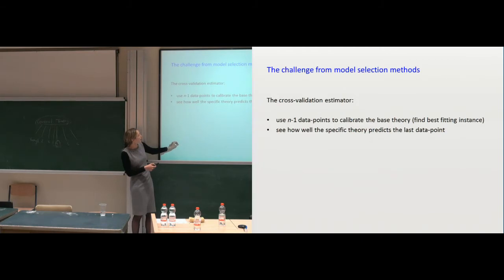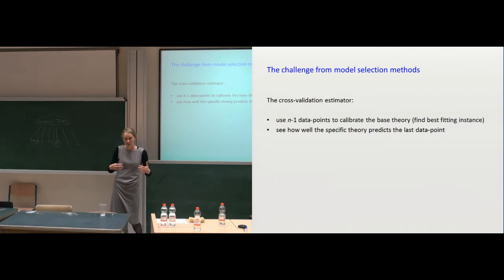Here's an example of an estimator, which is the one that I think best respects this use-novelty condition. And this is called cross-validation. Basically, you get your data, and you're using your data to work out what we think might be the predictive accuracy of this procedure, right? So what you do is you take out one data point in the data, use your procedure to get a hypothesis.